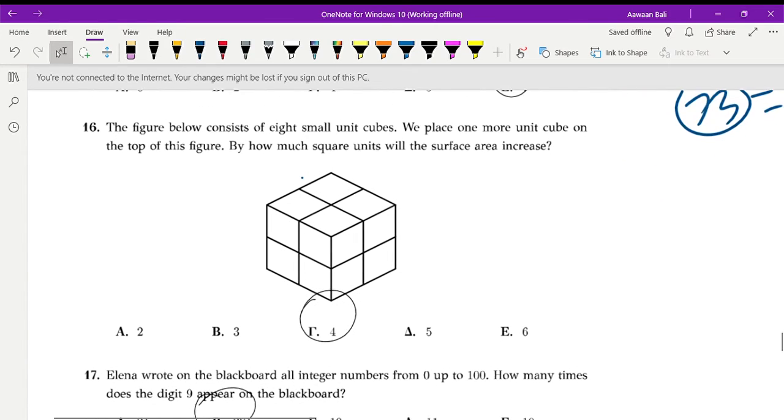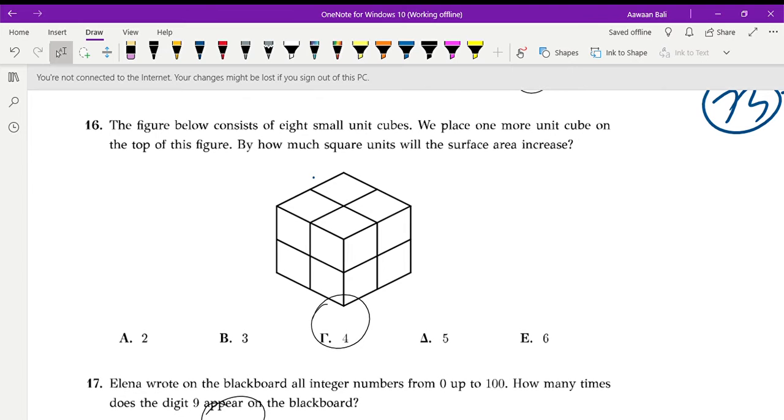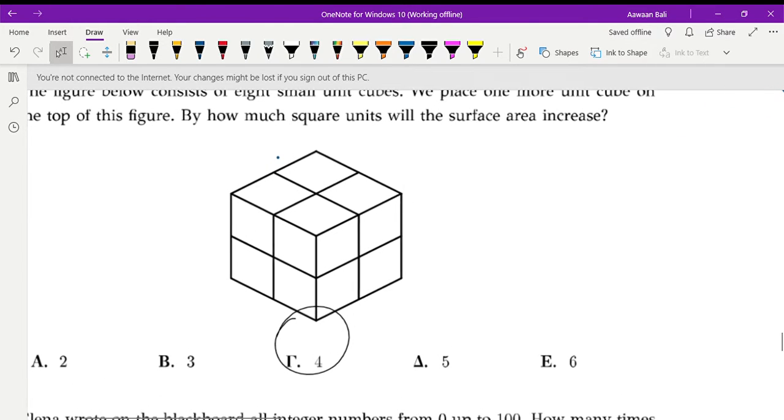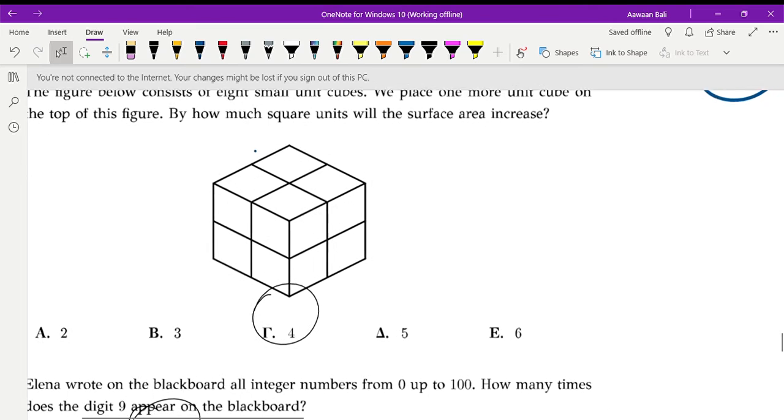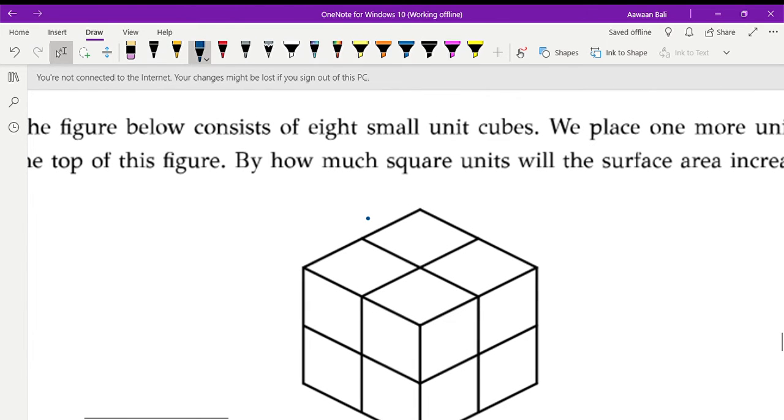Now 16. The figure below consists of 8 small unit cubes, so each of these are 8. Now, we place one more unit cube on the top of this figure. By how many square units will the surface area increase? The surface area of any 3D shape is basically the area of all of the sides combined.